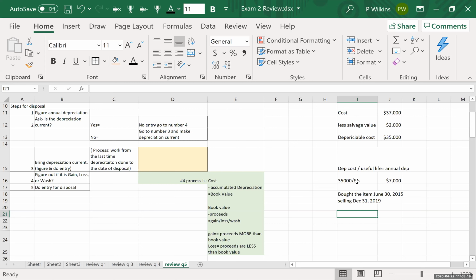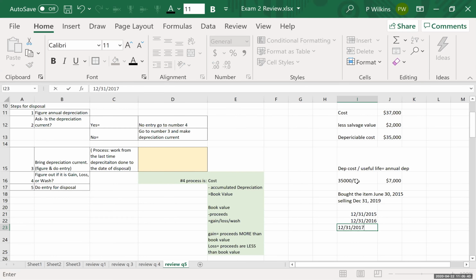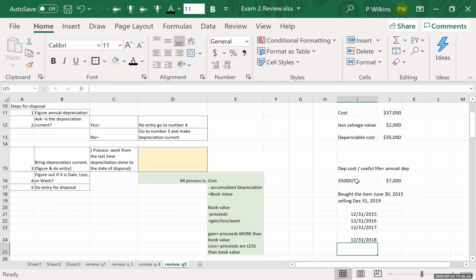It was done on 12/31/2015, 12/31, oh wait, not 2013. It was last done on 2018. 12/31/2015, 12/31/2016, 12/31/2017, 12/31/2018, right? So the last time that depreciation was done was 12/31/2018.